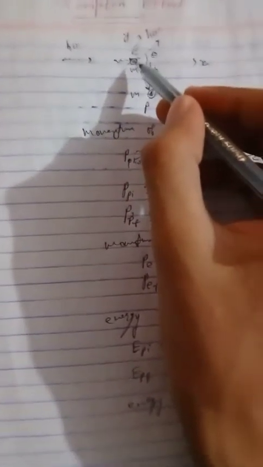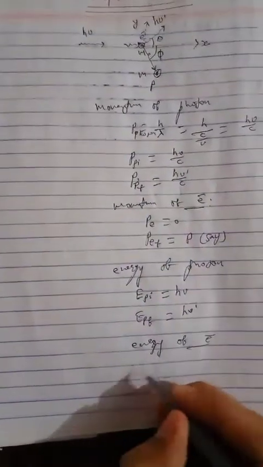And now look at the energy of the electron. All right, so the initial energy of the electron is simply the rest mass energy. You can also call it rest energy. It has only rest energy because it is not moving at all, but due to its mass it has rest energy according to the special theory of relativity.